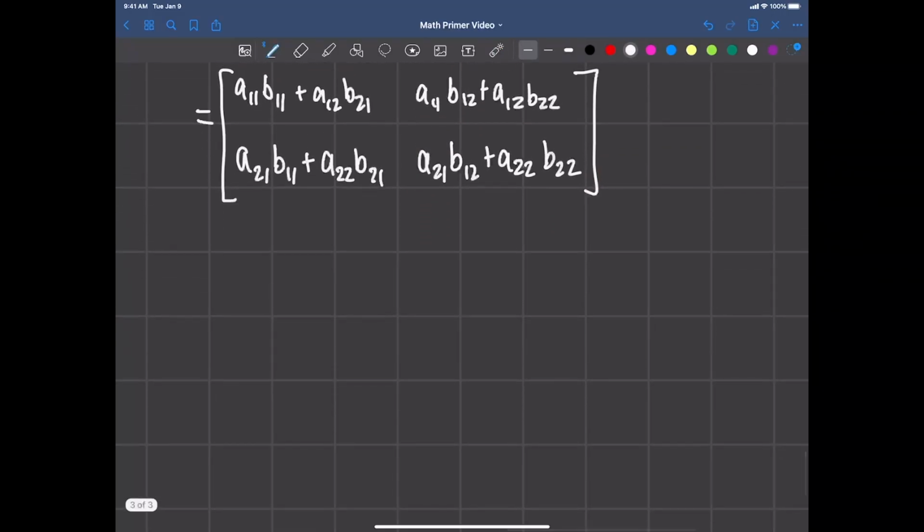They do not need to be the same size to multiply. Two matrices can be different sizes and multiplied, but the number of columns in the first matrix must be equal to the number of rows in the second matrix. So, the matrices need to be of this shape.